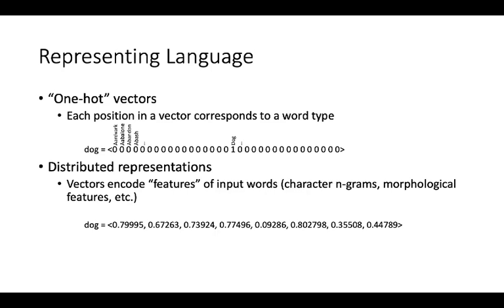And we can use those vectors to represent words more efficiently. So for example, dog can be represented by a 300-dimensional vector instead of a 50,000-dimensional sparse vector.